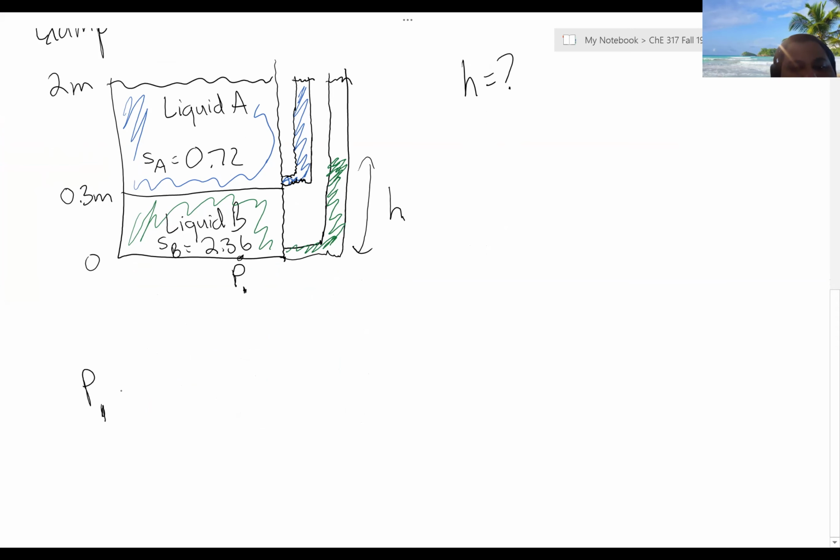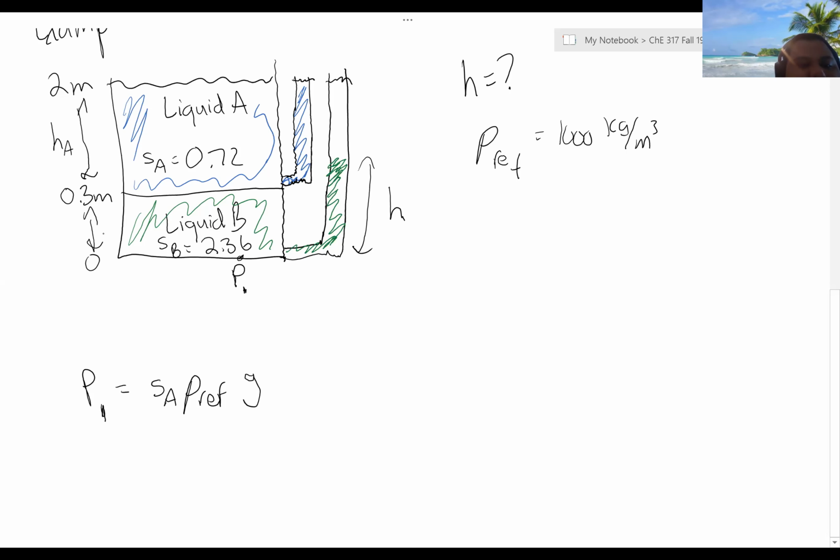Well, P1 is simply the specific gravity of A times a reference density, which in this case, if we're looking at liquids, is going to be water, which is 1,000 kilograms per cubic meter, times gravity, times this initial height of the liquid, so HA, as well as the height of this liquid B, or HB.